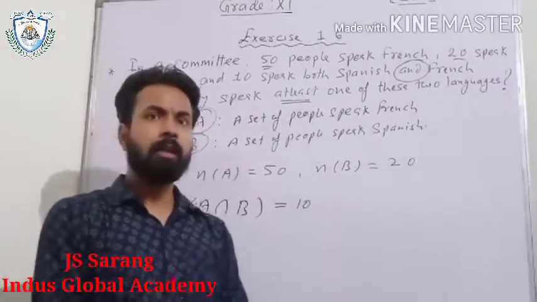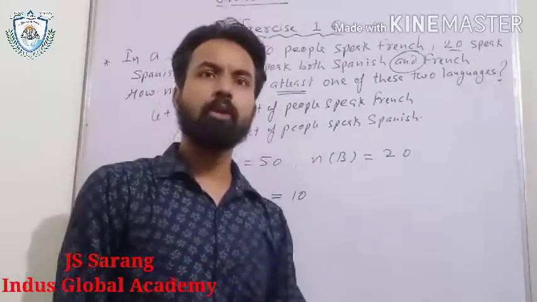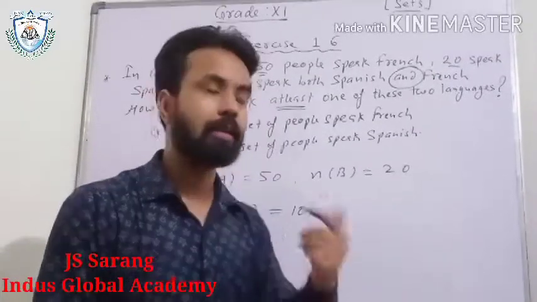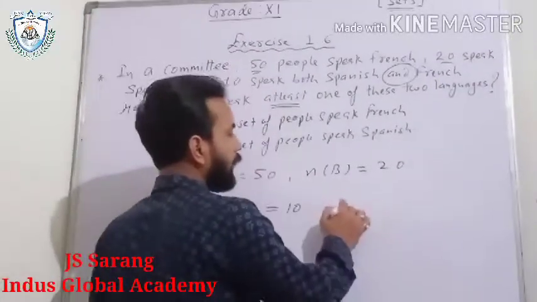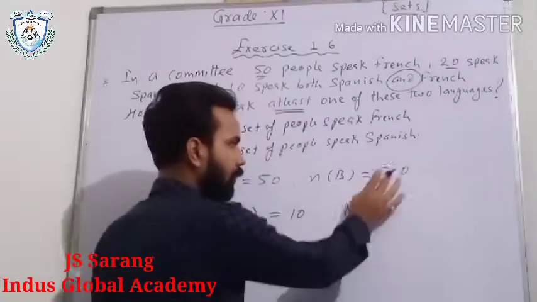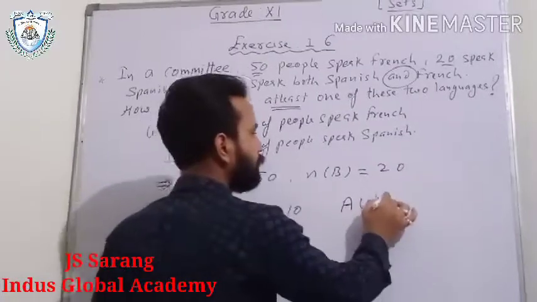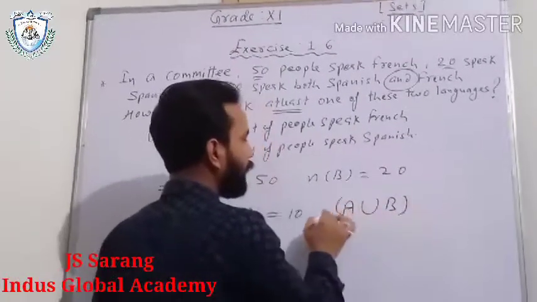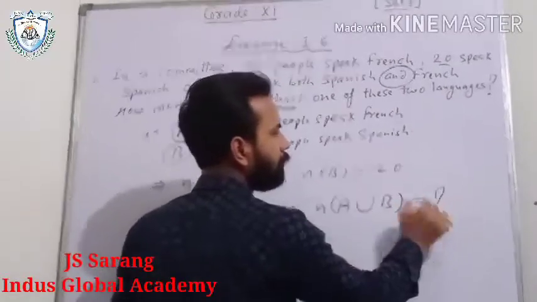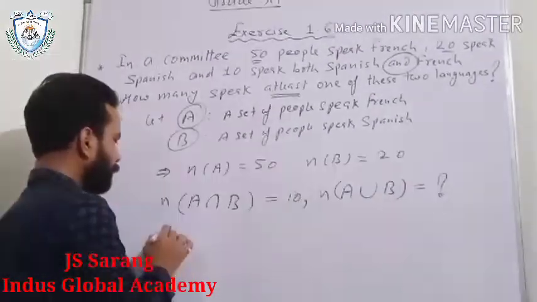At least means we have to find the number of people who can speak either French or Spanish, and the word "or" means union. So French is A, or means union, Spanish means B. Means we have to find out the number of elements present in A union B. Got it? Now we know the identity.